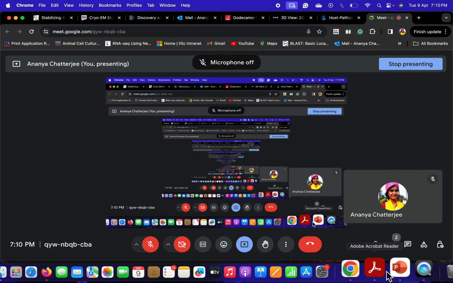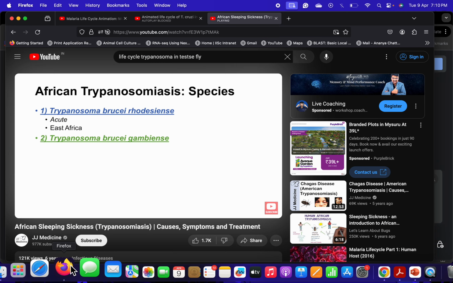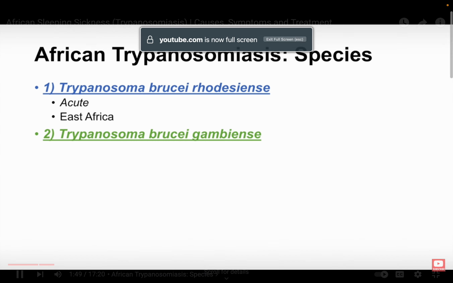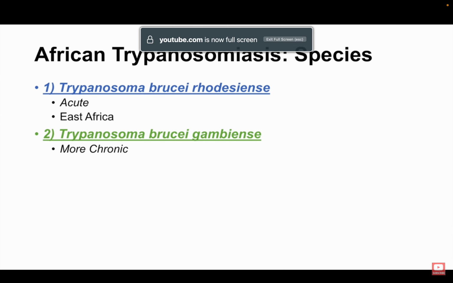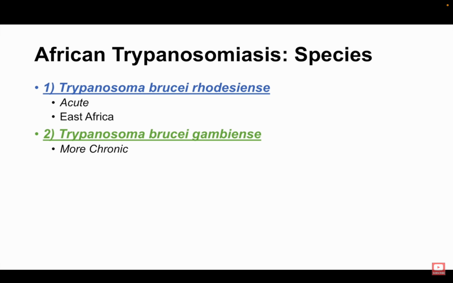The second species that causes African trypanosomiasis is Trypanosoma brucei gambiense. This species causes a more chronic condition. So as opposed to brucei rhodesiense, which causes an acute and rapid illness, brucei gambiense causes a more chronic and slowly progressing illness.